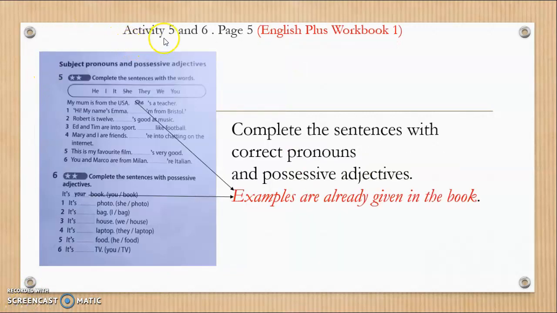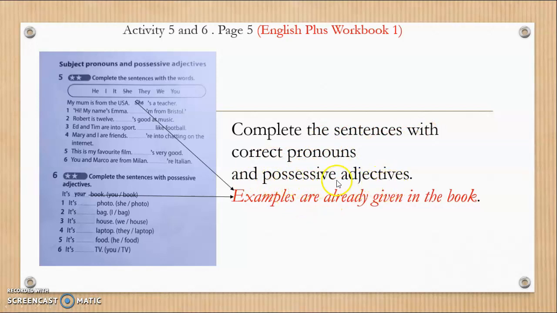Activity 5 and 6, page 5, still under English Plus Workbook 1. As you look, this is in your workbook, right? The activity is in your workbook. So the instruction is: complete the sentences with correct pronouns and possessive adjectives.